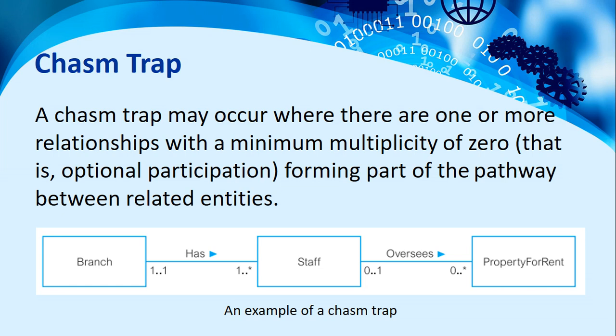So when we say optional participation, yung first digit or first number is 0. So asan man dito? Okay? I think it's already obvious. It's right here. Ito. So therefore, this kind of relationship could possibly have a chasm trap, which we will fix.